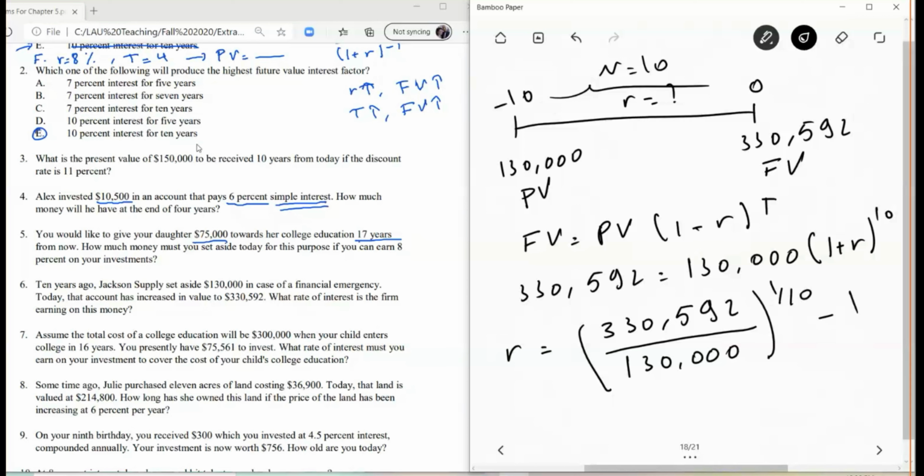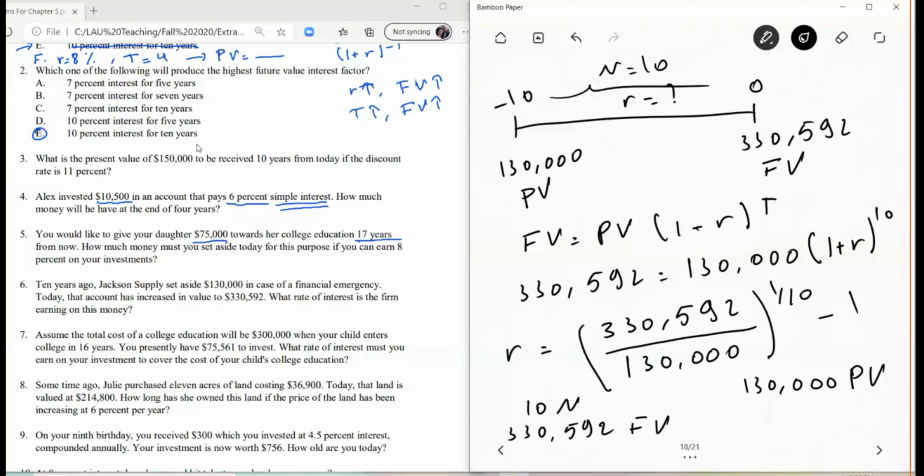The other way to solve is to use the financial calculator. You will have 10 as N, 330,592 as FV, 130,000 as PV. However, if I click on compute IY without making any adjustment, I will receive an error because I'm entering the present value and the future value as if they were going in the same direction.